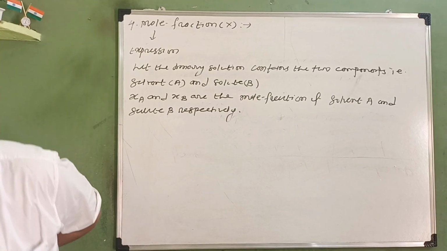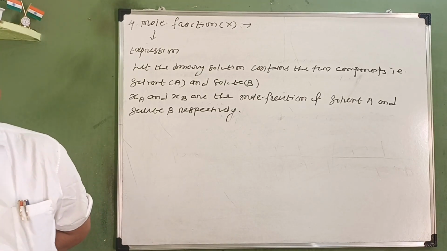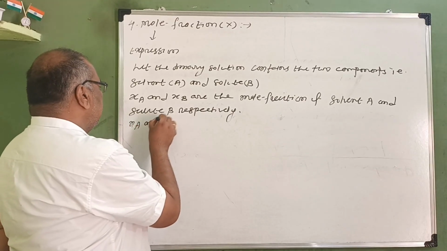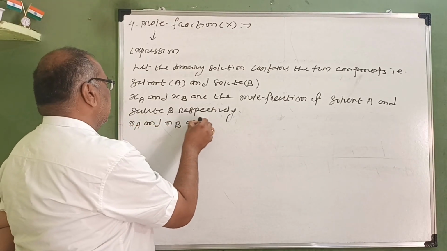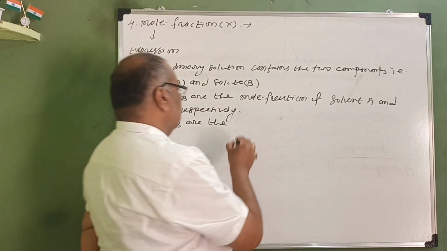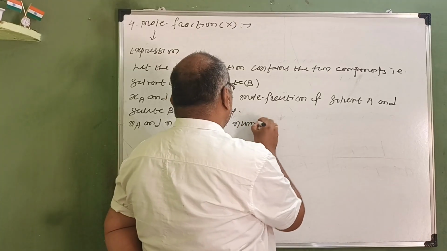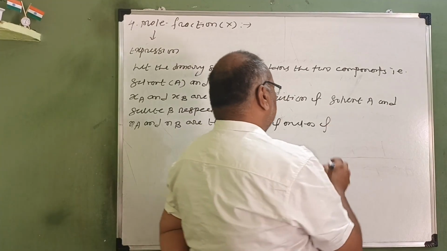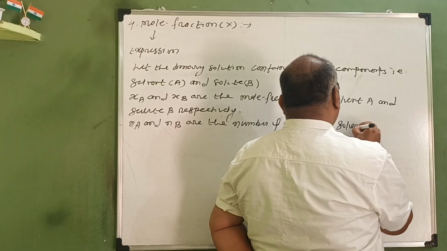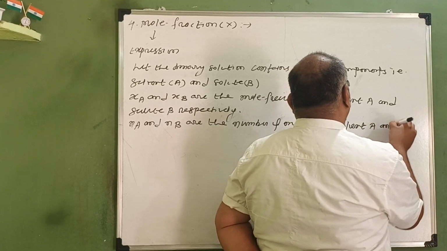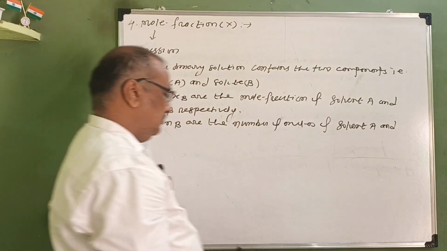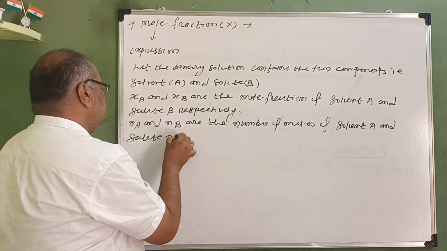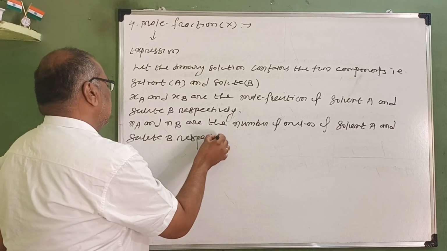Second, Na and Nb are the number of moles of solvent A and solute B respectively.